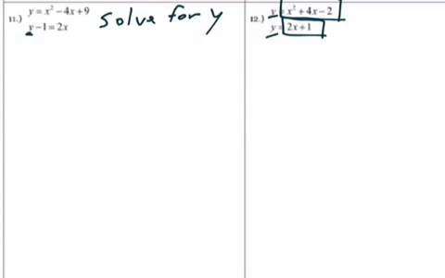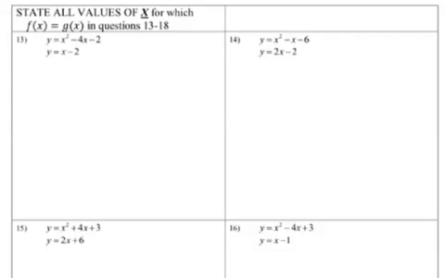Turn to page 15. On page 15, the directions say, state all values of x for which f of x equals g of x. For these questions, it means you only need to solve for x.